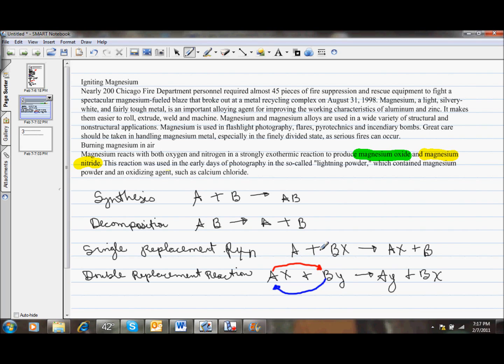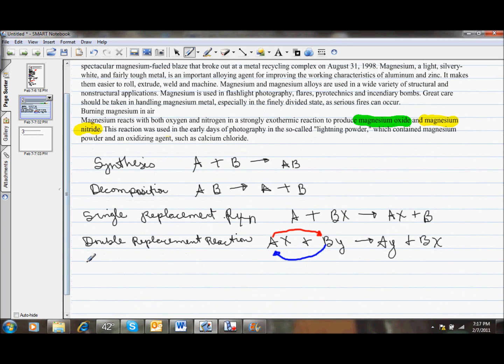Now remember, with the double replacement reaction, we said that there are several things that can occur. You can have the formation of a gas, the formation of a precipitate, and even the formation of water. You will need to look on page 344 in the text, and that will give you the solubility rules that you need to follow.